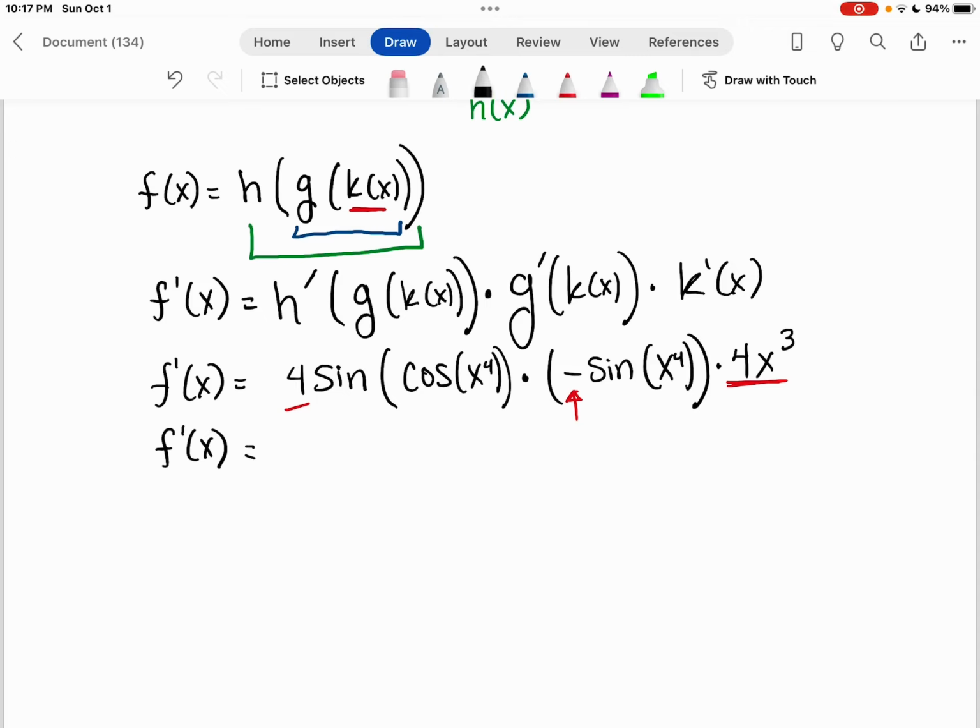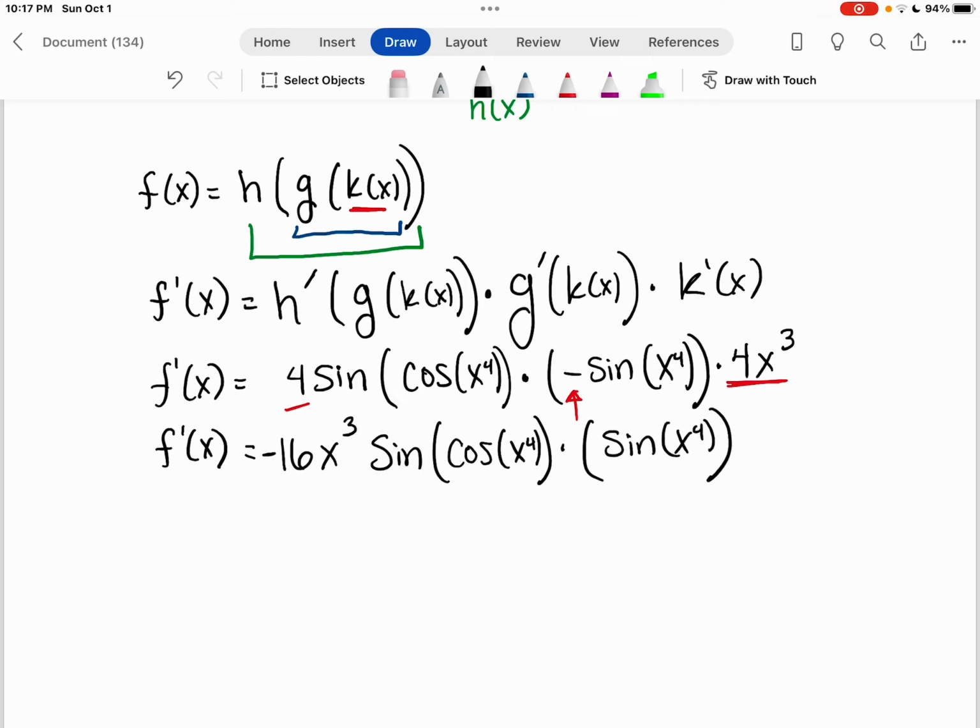So in front, I'm going to have 16 x to the third with a negative. Then I have sine of cosine x to the fourth, and then I have sine x to the fourth.